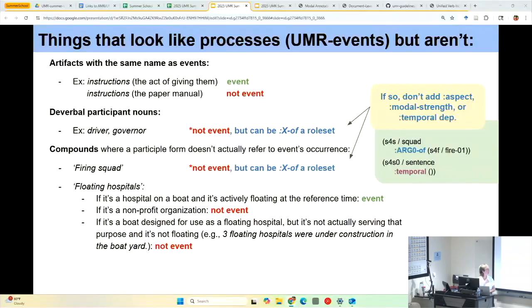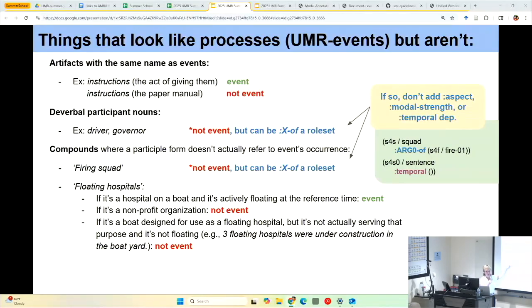So there are a lot of different ways you can interpret this phrase. So if it's a hospital and it's on a boat and it's actively floating and you're actually talking about it floating, what did we say? See, this is one of these things where it depends on what you think of floating. So in UMR, they say that inactive activities like sitting or standing and probably floating, we actually consider them to be states.